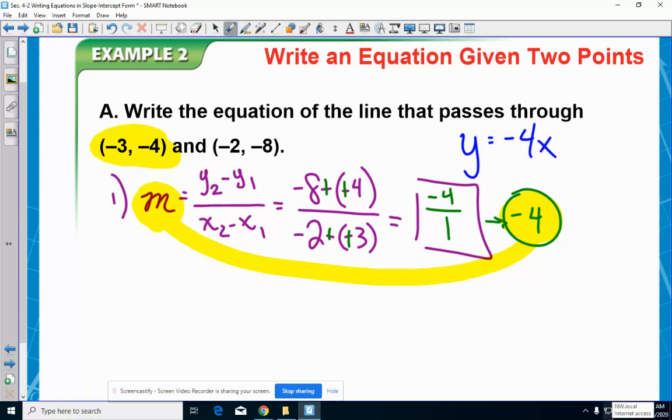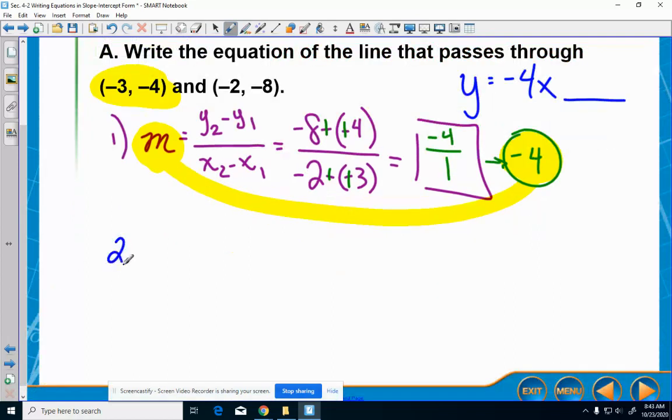I just don't know the y-intercept yet. So part 2 here would be to plug into y equals mx plus b. So -4 is my y. -4 over here is my m. There's my x, -3. And I'm trying to figure out what b is.